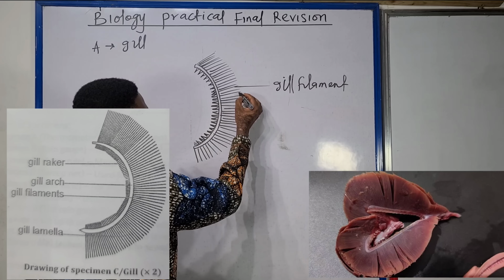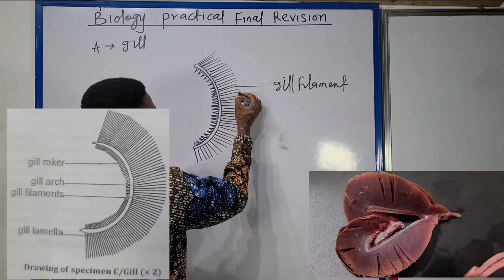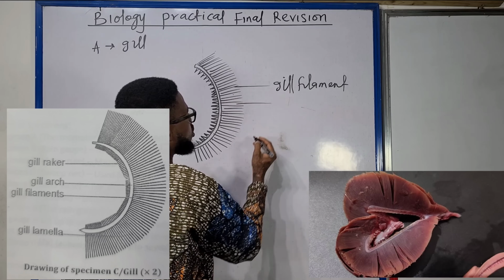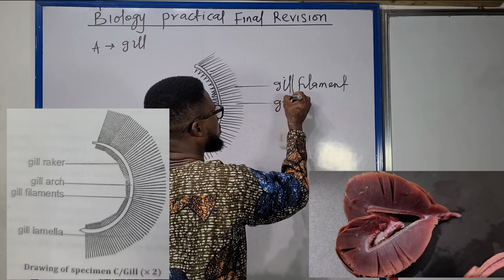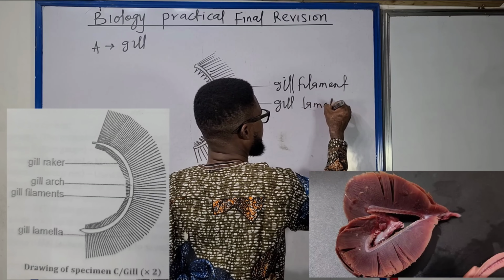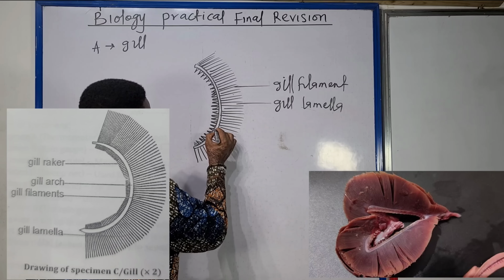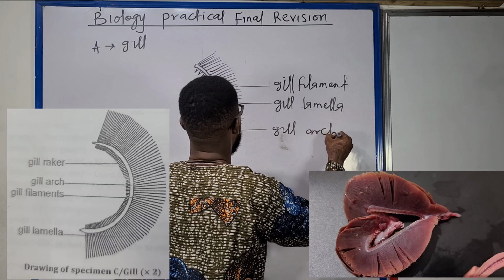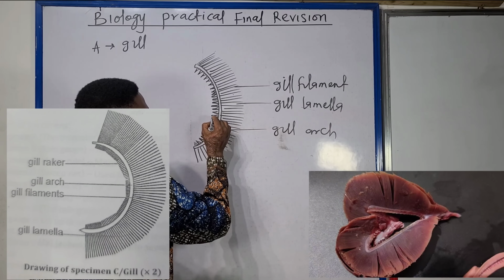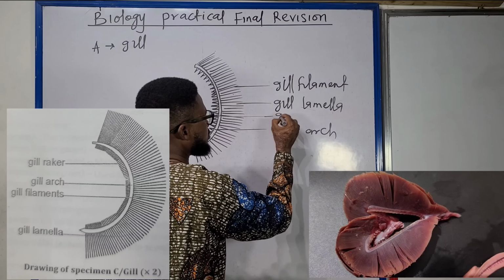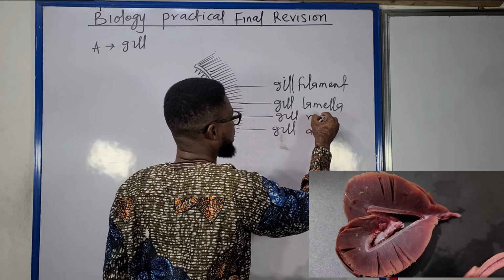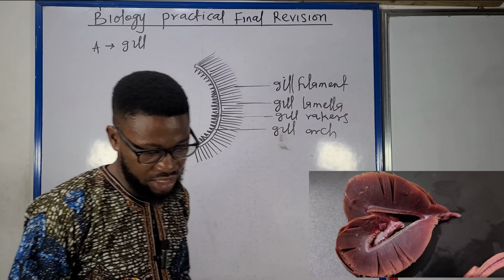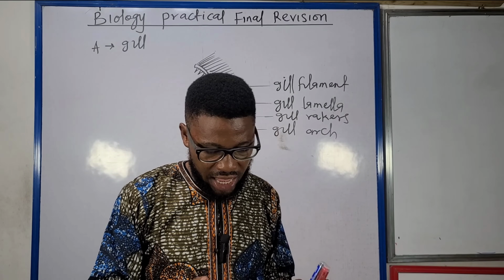Now the space in between two filaments is what we call gill lamella, and of course this here is the gill arc, and here that is the gill rakers for feeding. And that's just about the 4 major parts.